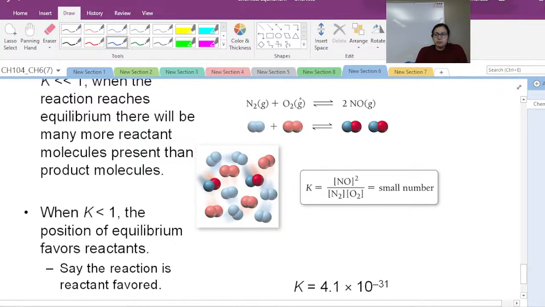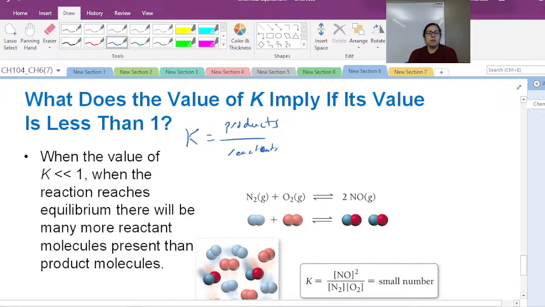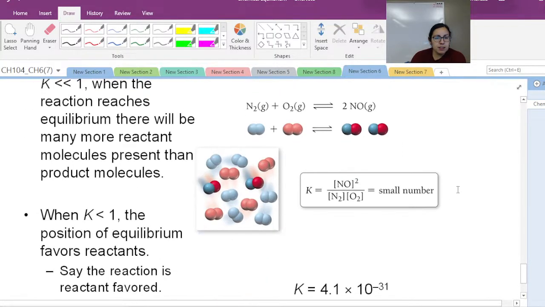So when K is less than 1, there's more reactants than products, and then for K greater than 1, it's opposite? Yeah. Yeah, and you can always just kind of put your ratio. So yeah, if K is less than 1, then we have much more reactants than products.